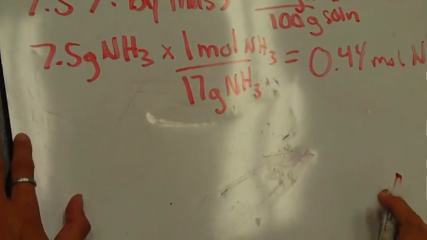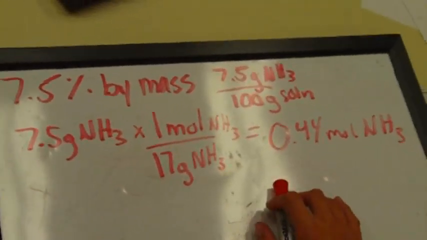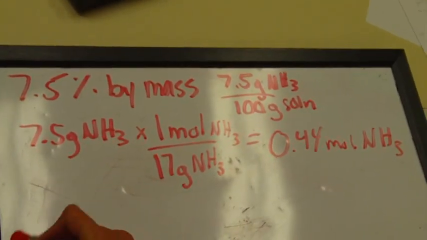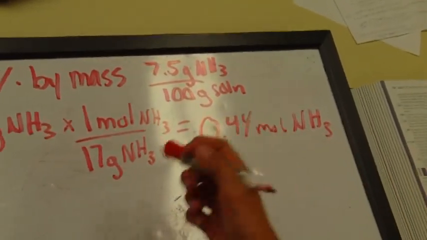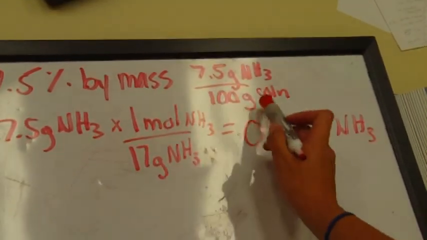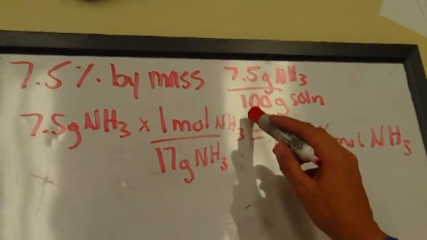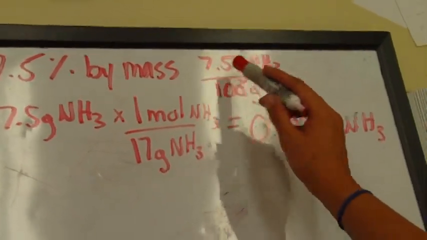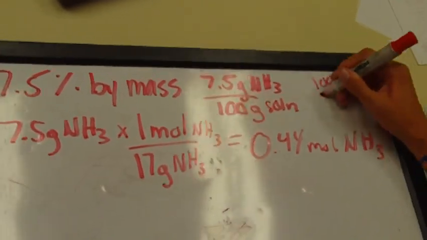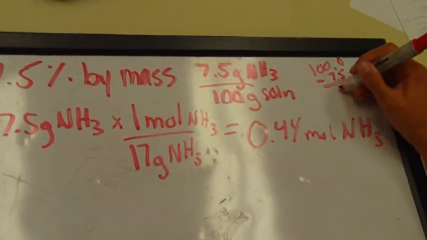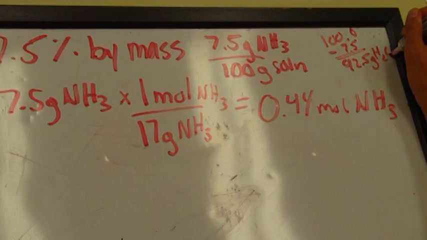Now we need to know how many moles of water we have. So the way we can figure that out is first we need to know how many grams of water we have because this is grams of solution. And that's pretty simple to do because we know that we have 100 grams of total solution and there's only ammonia and water in the solution. So if we just take out the grams of ammonia from 100, just do some subtraction, 100 minus 7.5 gives us 92.5 grams left over, which is the water.